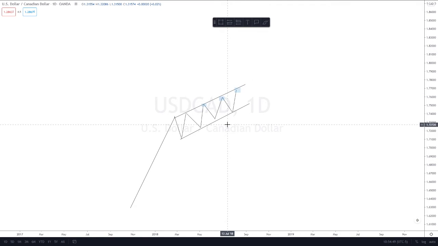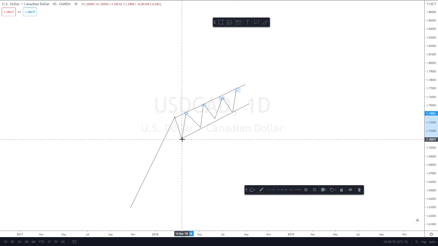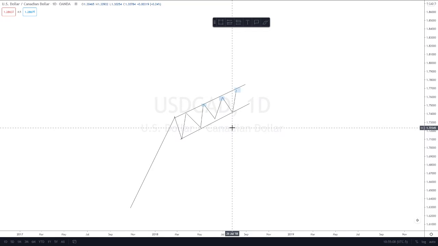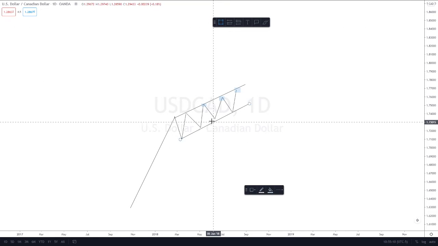Now, a rule in the channels: if you know the ascending channel means start looking for sell opportunities, the market's looking to turn around. That's what this pattern means. If you know that, that means we're never buying at the bottom of this channel.